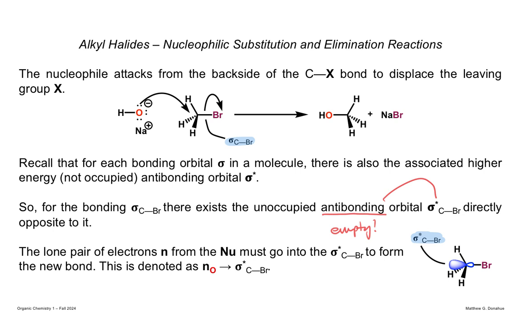In terms of energy, you have your 2 electrons in the sigma bond, and so the sigma star is empty. So when the nucleophile attacks, it has to go into some orbital to form a new bond. So that lone pair of electrons is going into the anti-bonding orbital. And then subsequently, within a short period of time, the sigma bond is then breaking.